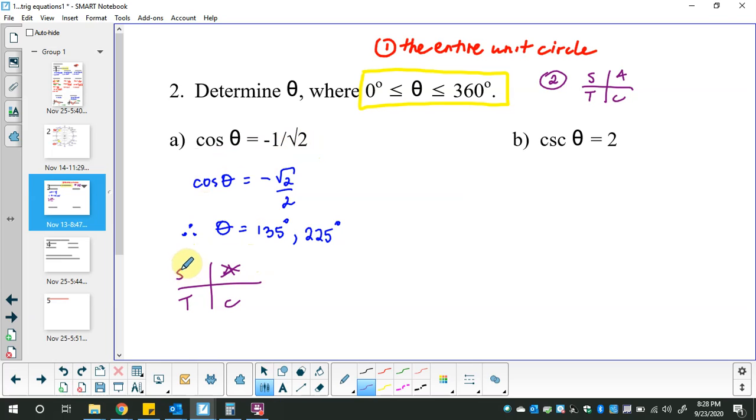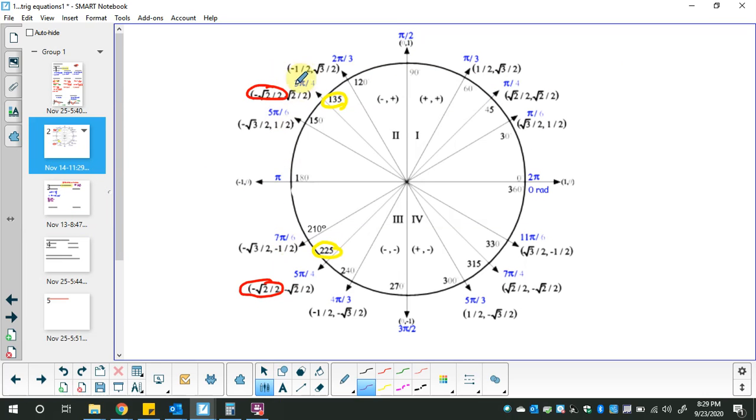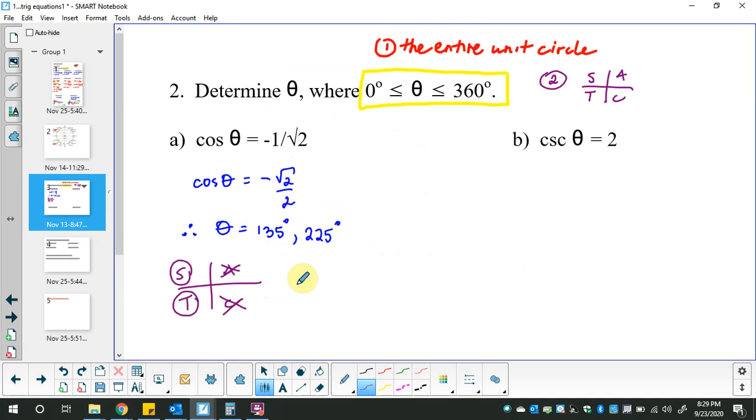This means sine is positive, which also means that cos is negative, so I can search there. This means tan is positive, which means cos is negative, so I can search there. And this means cos is positive, so I don't search there. And it is not a coincidence that we found those answers where we were supposed to, according to the CAST rule, because it all fits together.